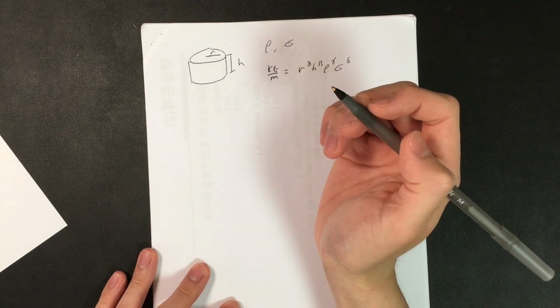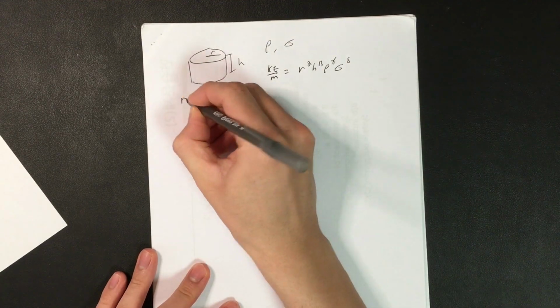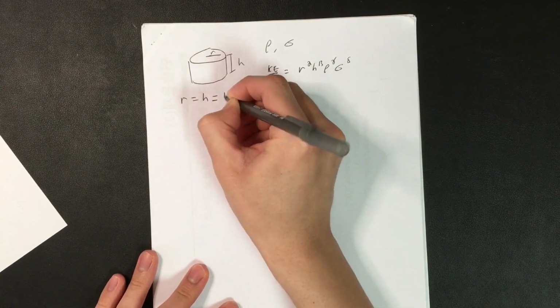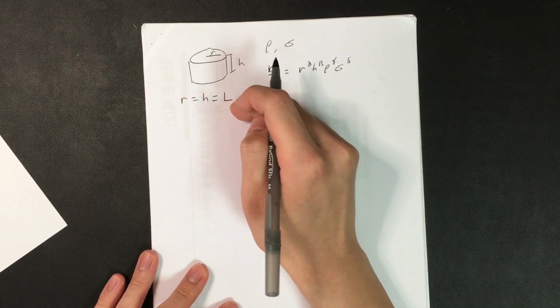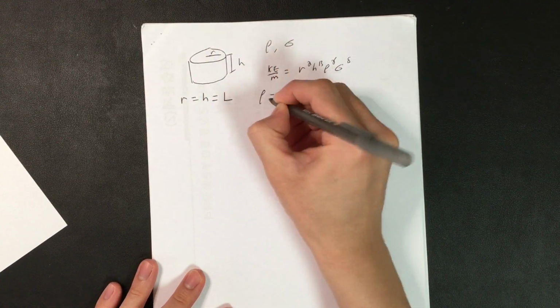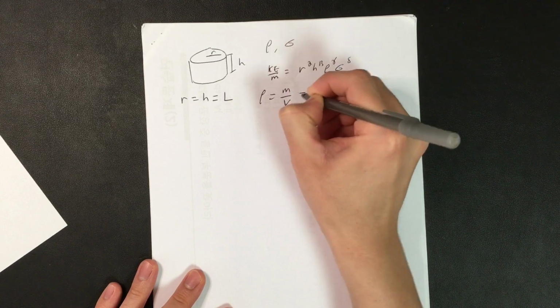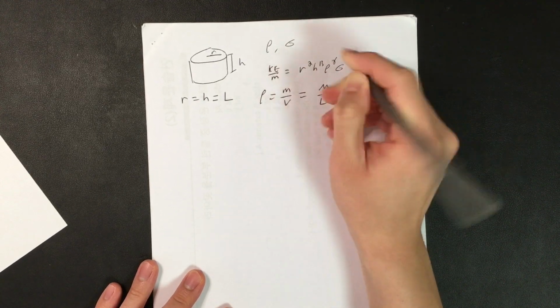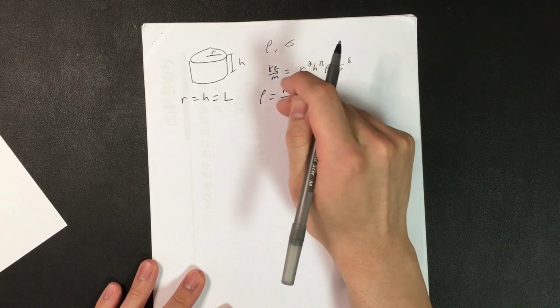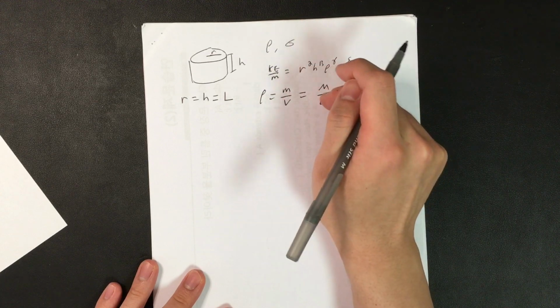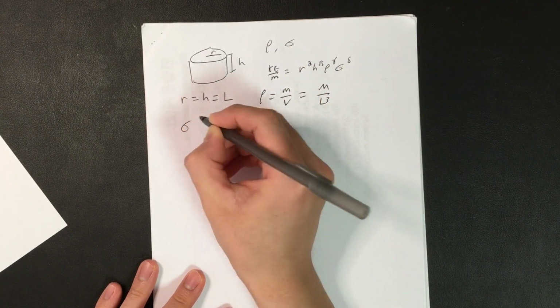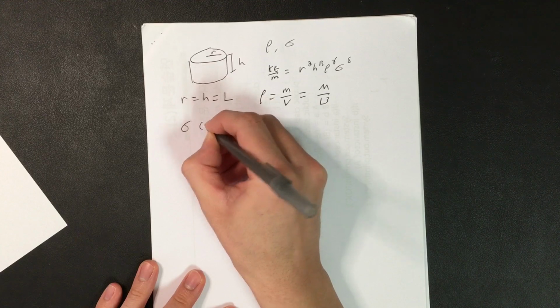Using dimensional analysis, r and h are both lengths, so I'm going to denote them as L. Rho, which equals mass over volume, equals m over L cubed, because mass is simply m and volume corresponds to length cubed. For tensile strength sigma, it says this is measured in pascals.